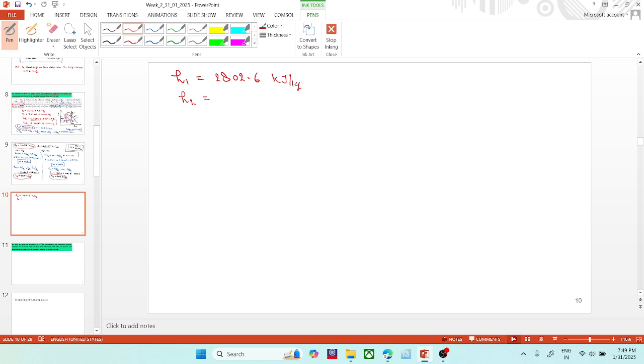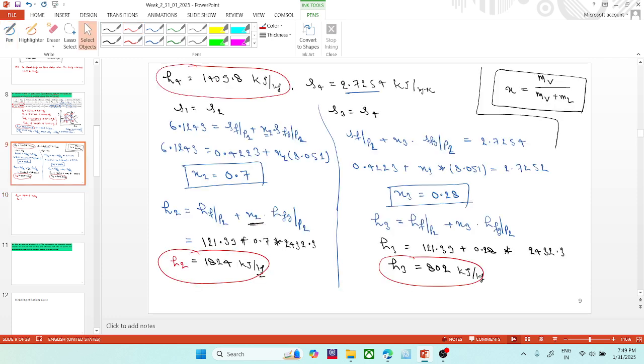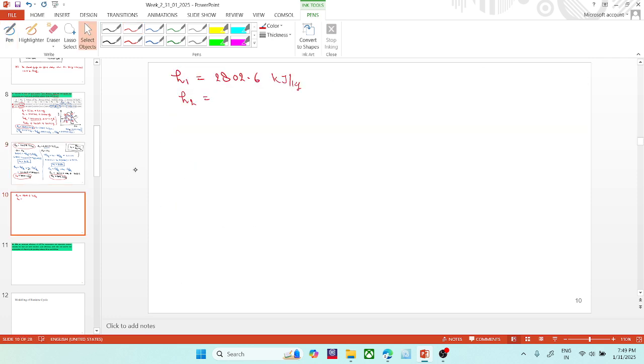H2 we have determined as 1824 kilojoule per kg.